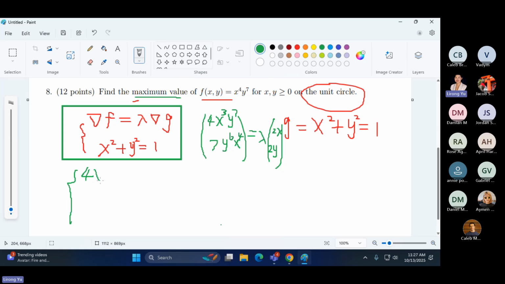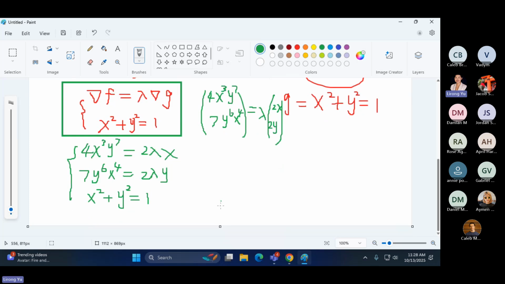The first equation goes 4x cubed y to the power 7 equals lambda times 2x. The second equation is the derivative in y relation: 7y to the power 6 x to the power 4 equals 2 lambda y. The last equation is x squared plus y squared equal to 1. That's the system of equations that we were supposed to solve.